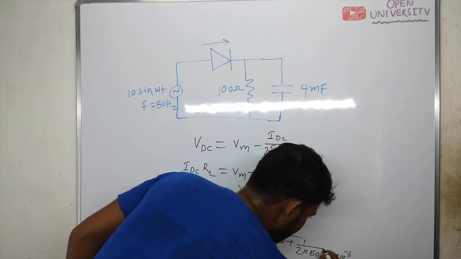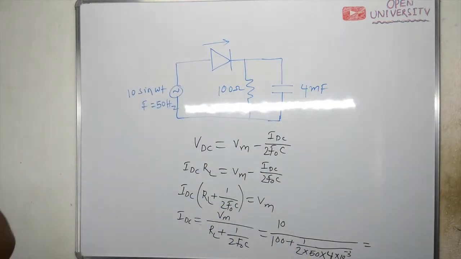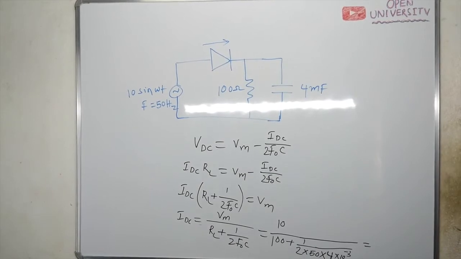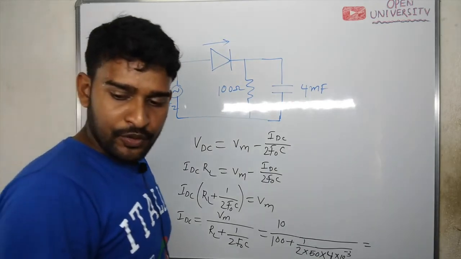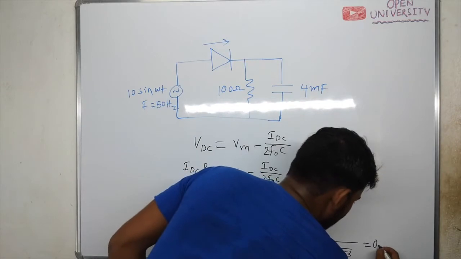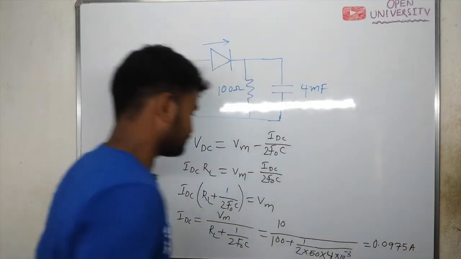If you calculate this value, then IDC will be 0.0975 ampere.